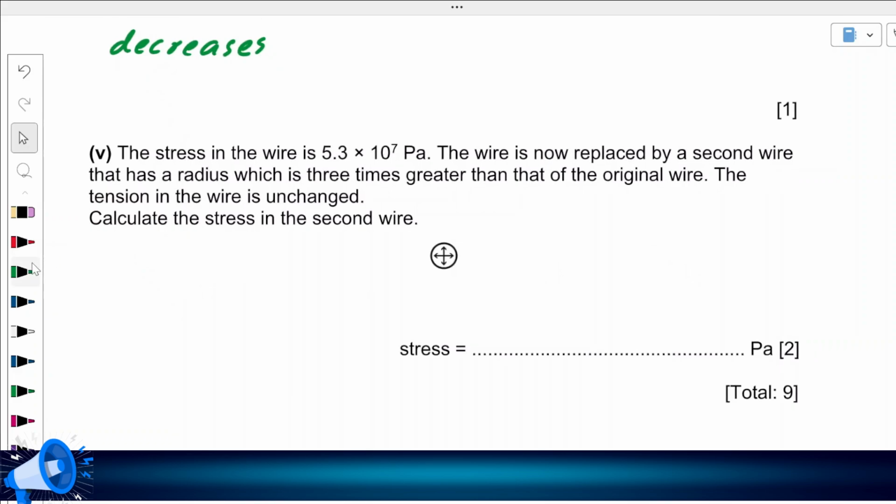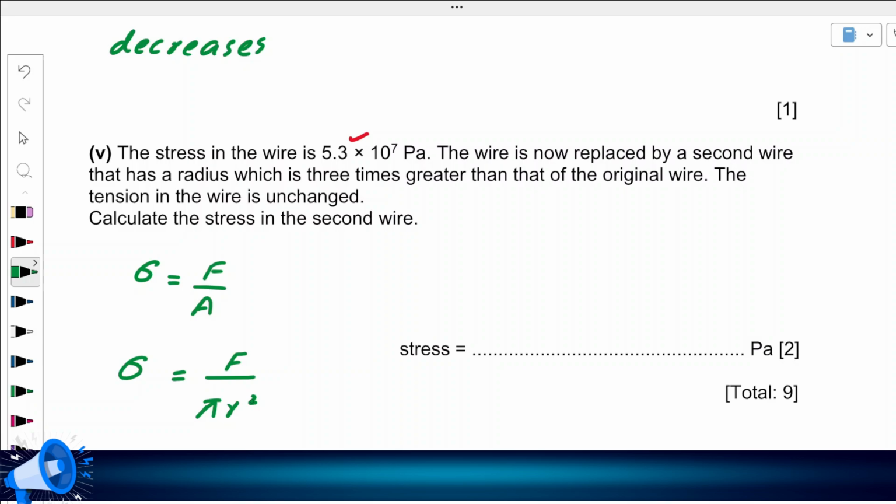Okay, then we have the next one. The stress in the wire is initially this one, and now they have a wire with different radius, and you need to find the new stress. So stress equals force over the area. Stress equals force over area, which is pi r square for the circular cross section area.